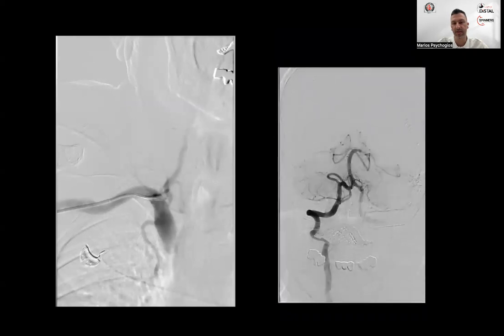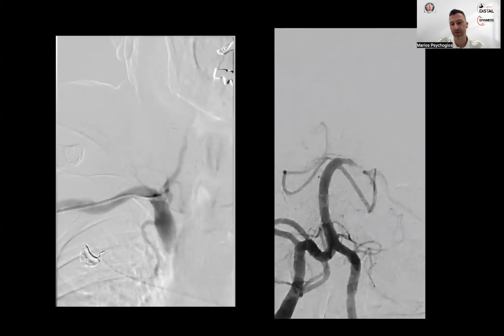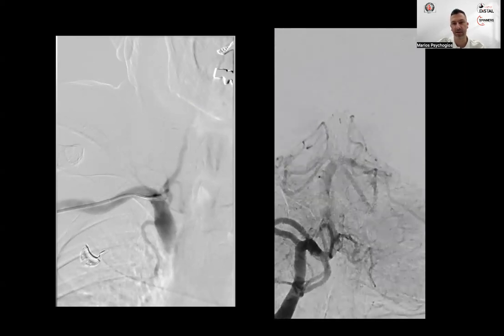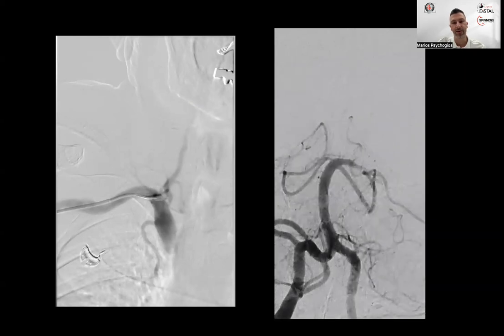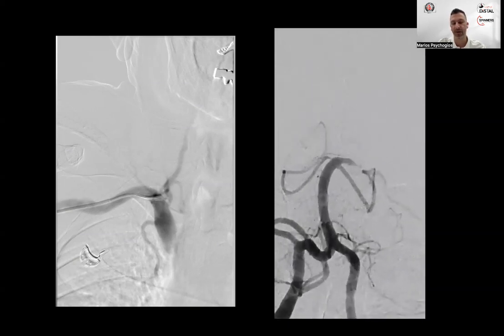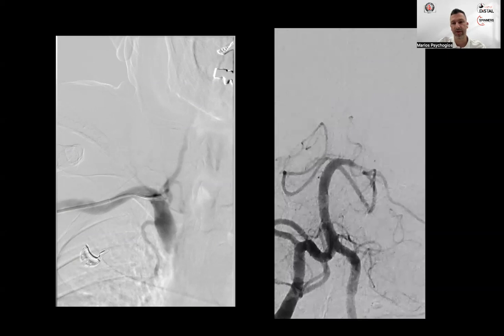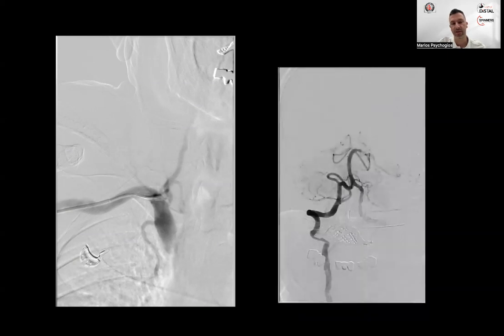Left side, P1, P2 segment, and you can also nicely see this tapered sign, right? So you're probably thinking right now, it could be ICAD related, right? It's not demarcated, the perfusion shows minimal core but a big mismatch. This could be an atherosclerosis related occlusion.